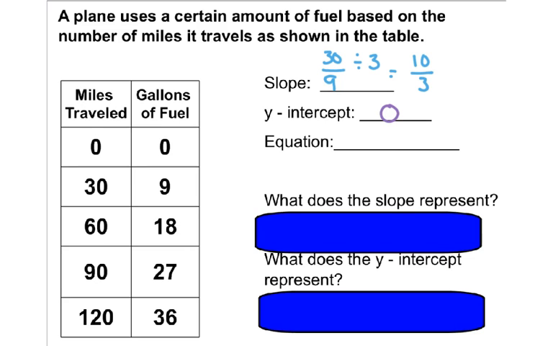So my equation would be y equals 10/3 x. Remember, we don't have plus 0. So the slope represents miles per gallon. And the y-intercept means that the plane isn't moving.